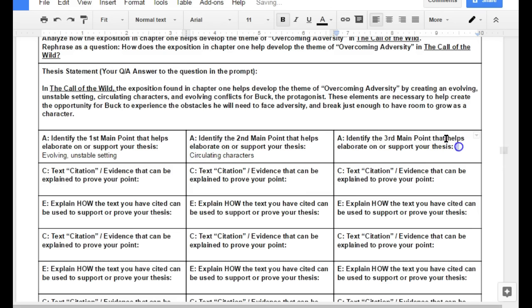And here, I can put evolving conflicts. Now I notice that I put evolving and evolving. I can worry about the exact wording later, but I have direction now.